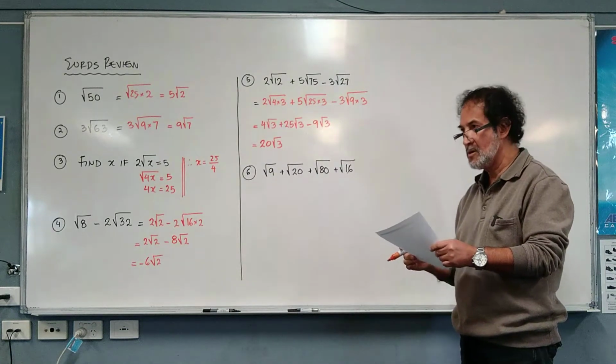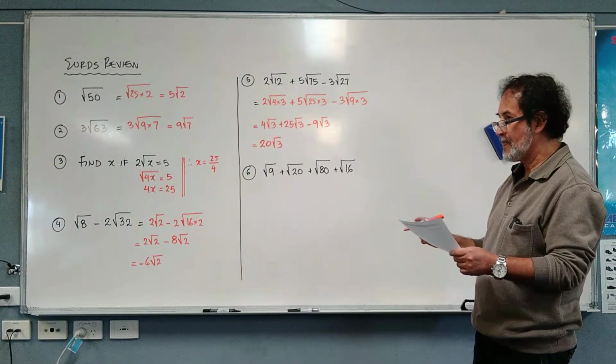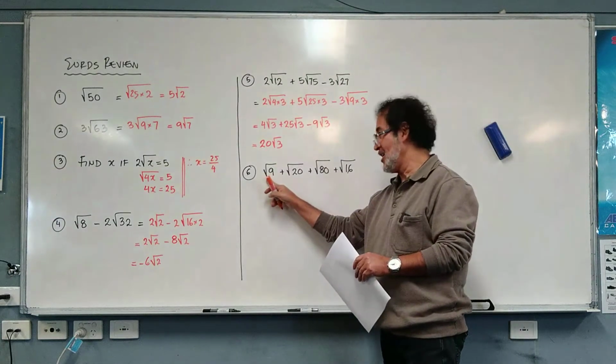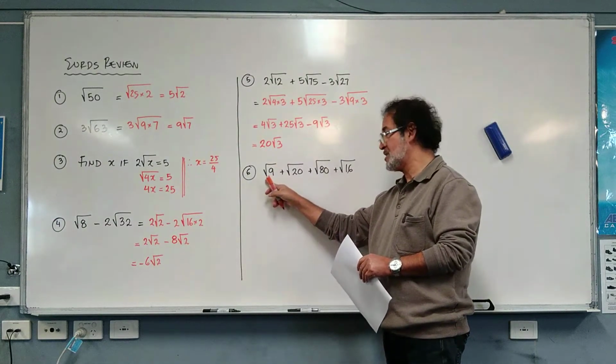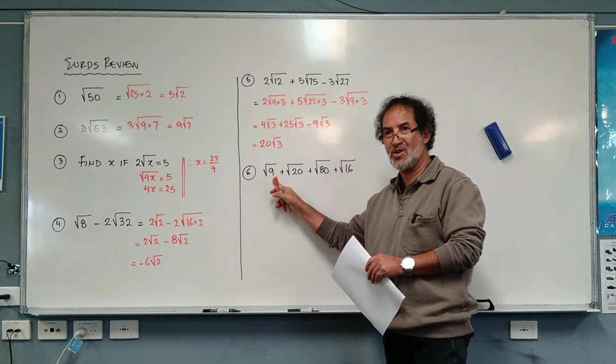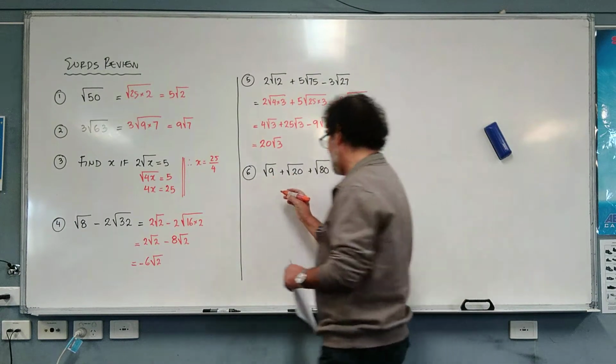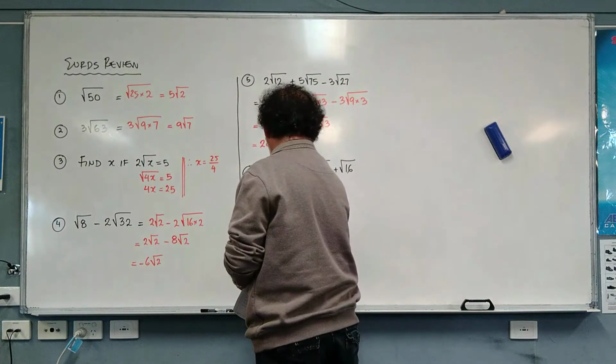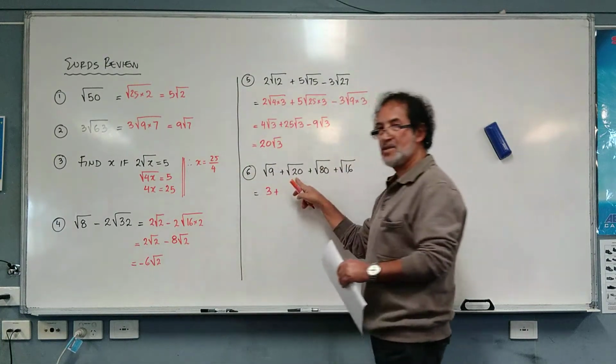No. I'm going to the square root of that. Okay, so we don't need to simplify this because we know that the square root of 9 is just 3. So it's just 3. But we need to simplify this.